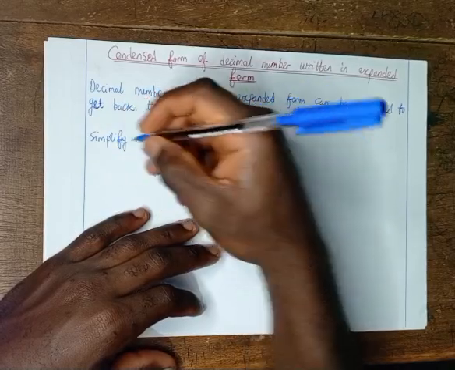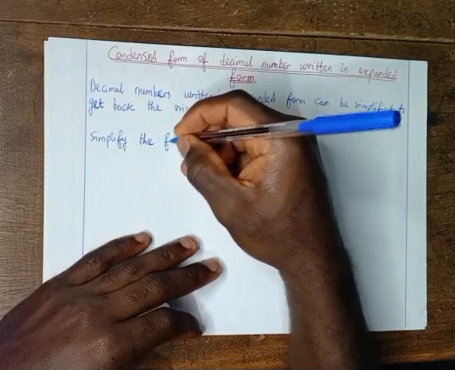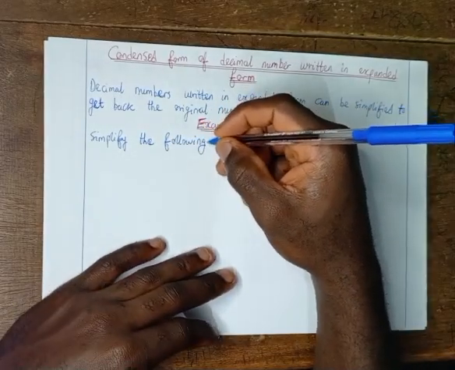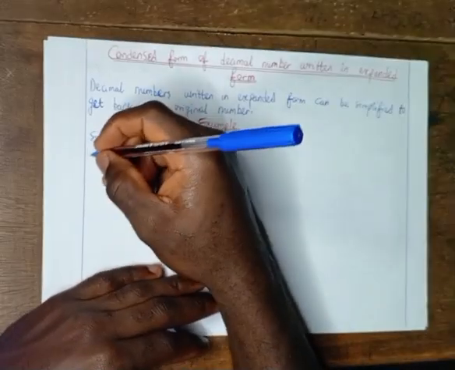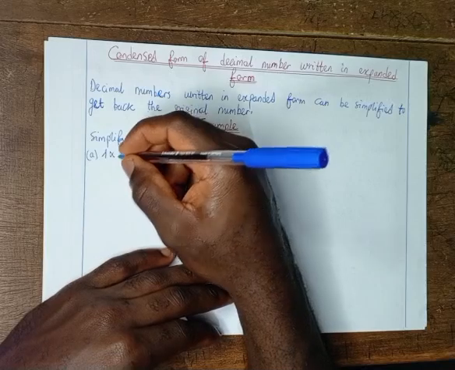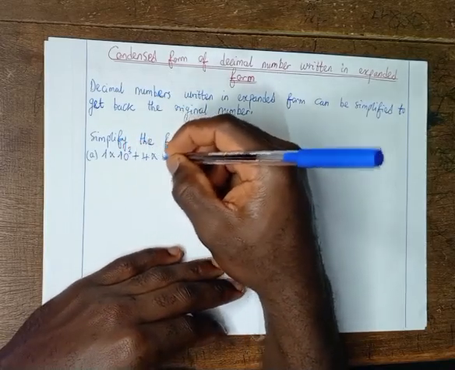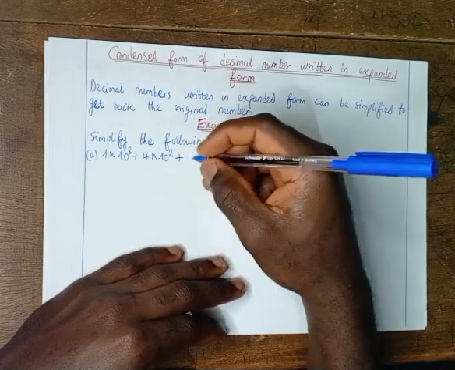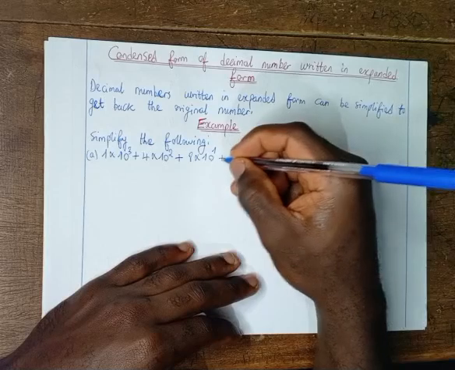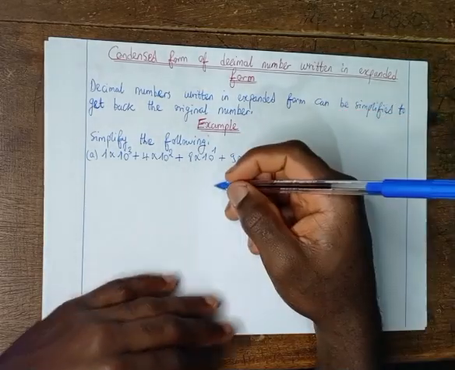Simplify the following. Here we have the number 1 times 10 to the power 3 plus 4 times 10 to the power 2 plus 8 times 10 to the power 1 plus 9 times 10 to the power 0.